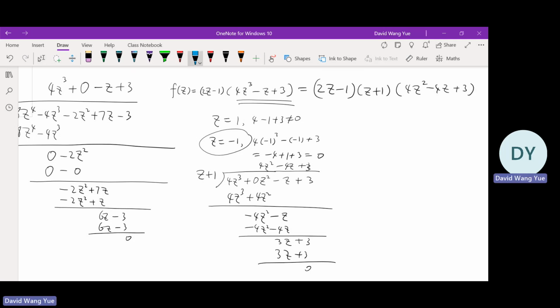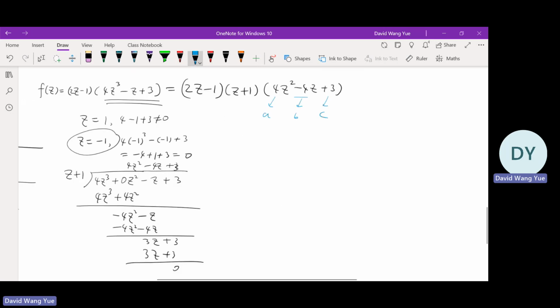Okay, in fact, when you just quickly look at the values of a, b, and c, you should know this one is bound to be complex roots, okay? Because b squared minus 4ac is less than 0.